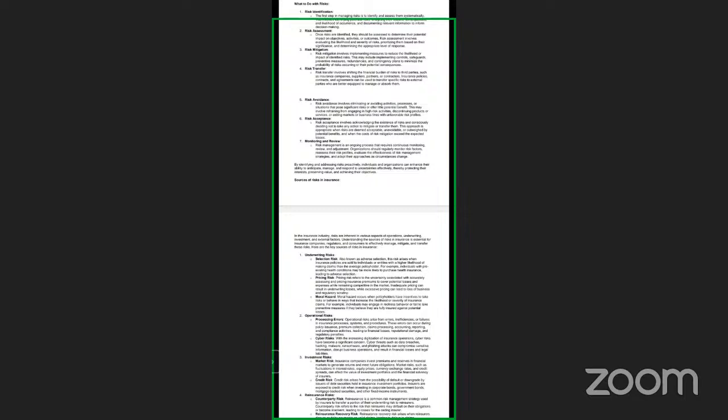So the question of what to do with risk basically involves the adoption of a proper risk management plan, which involves certain steps. And the first step in the risk management plan is risk identification.